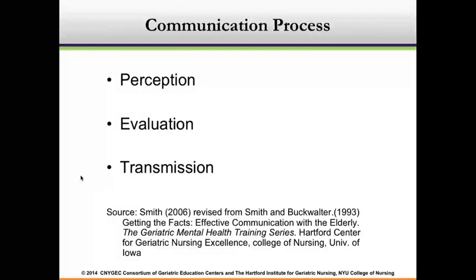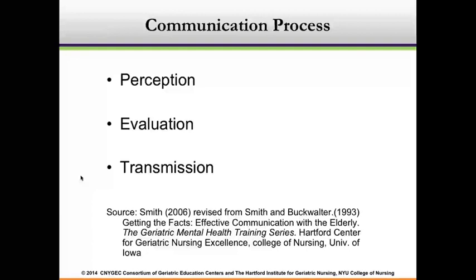So the communication process has 3 parts. There's a perception. You take stuff in, you mull it around in your brain, you evaluate it, and then you put something back out. You transmit, again, in some usually verbal form. And so this is a 3-part process, and it's actually very complicated.